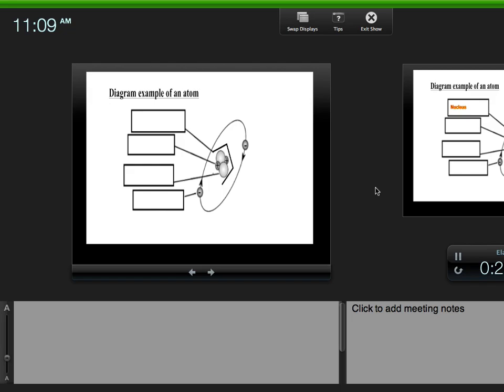Now your very first box is pointing to this bulk of the stuff in the middle. What is that? Nucleus. Your nucleus is your mass, correct? In the middle, it's made up of your protons, which have a positive charge, and your neutrons, because they have no charge.